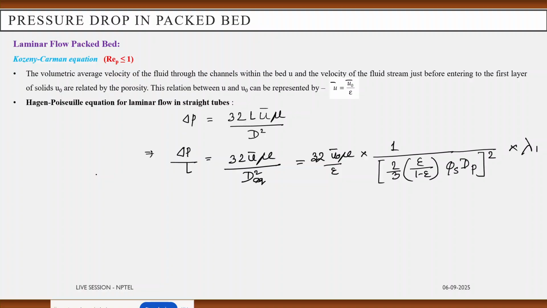It is the correction factor for tortuous path and non-straight and parallel channels. From several experimental studies, after simplifying this form, you will get del P by L equals 72.